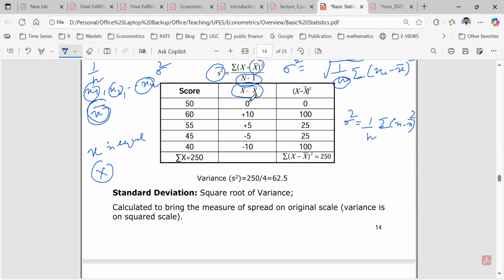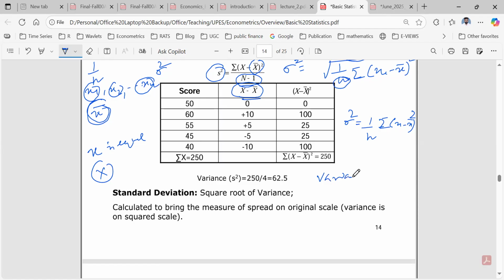You should not get confused about whether small x is the deviation form, which is usually written in econometrics. The formula is straightforward, it is the variance we are talking about. The variance is basically standard deviation square.